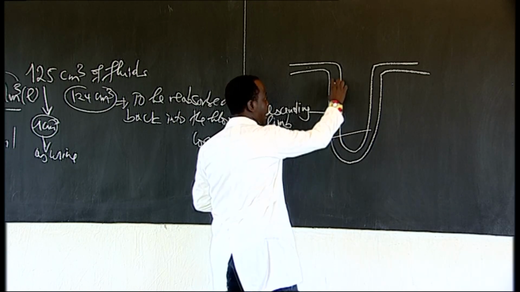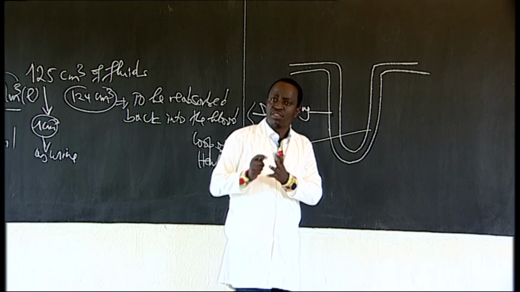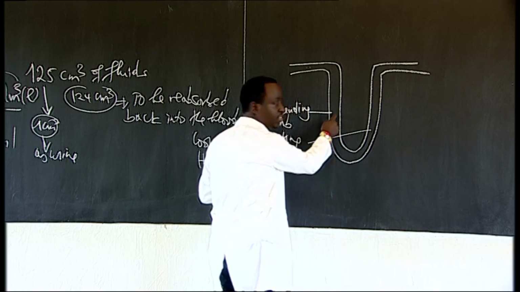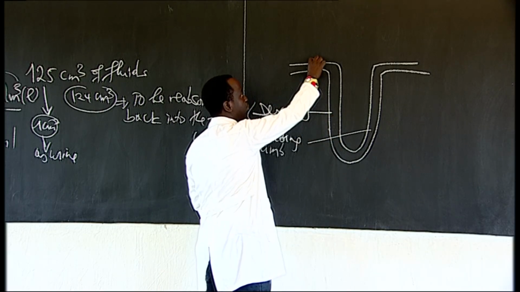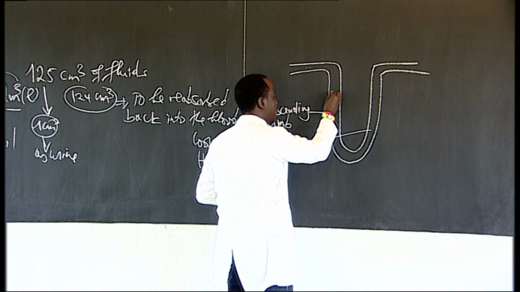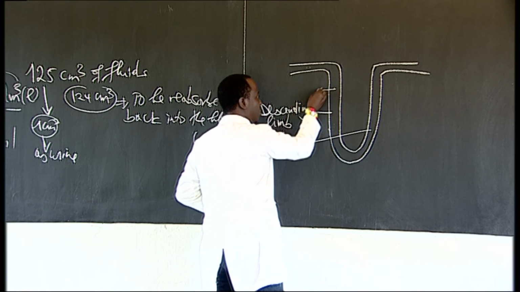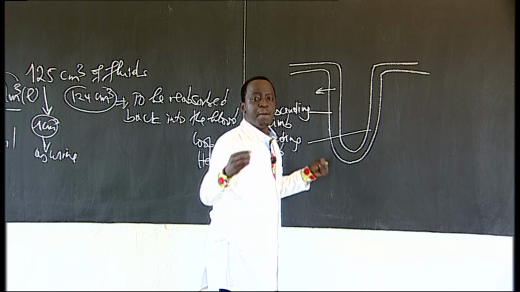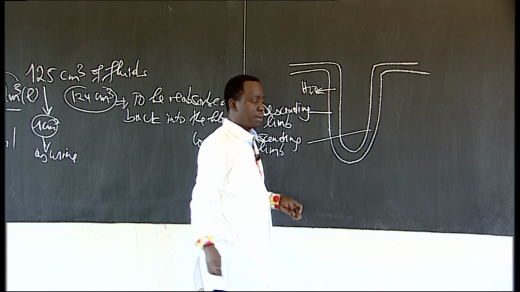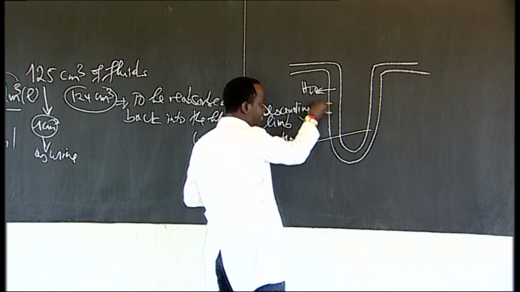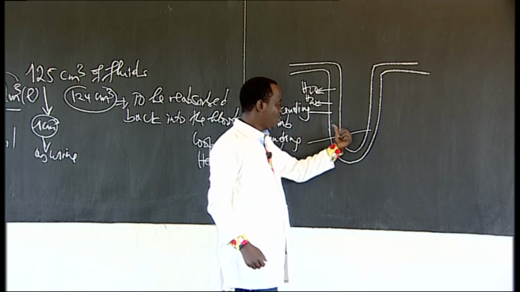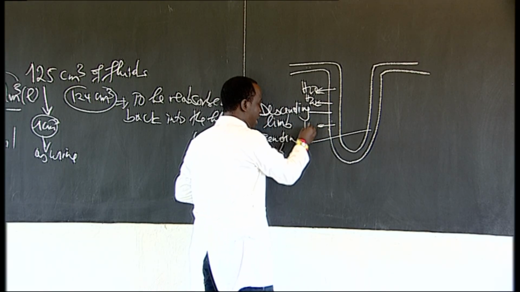It means when our filtrate that contains water, ions, and other waste products reaches here, there is some water which is going to go back again. Back where? To the blood. Because it is permeable to water, it can allow water to go back.